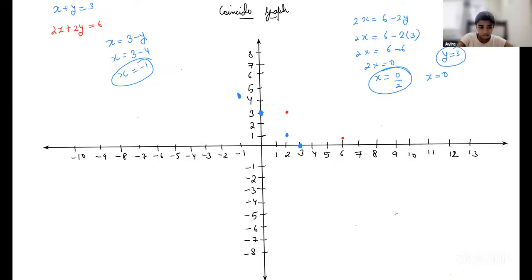Erase this. Who marked this one? Me, sir. Why did you get this? Actually, I got 5, 1 instead of that. I put 6, 1. No. How did you get 5, 1? What did you take?